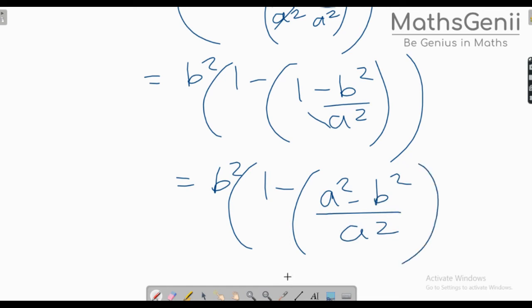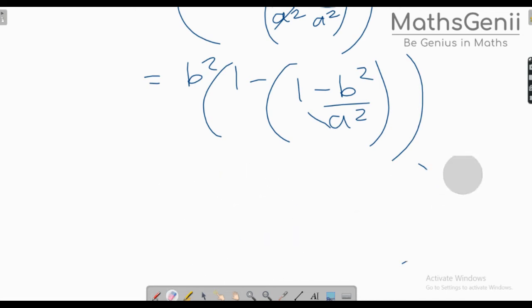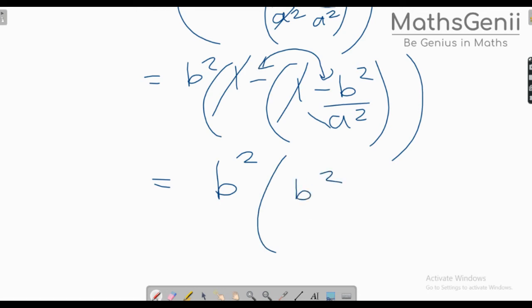Correct? Or instead of complicating it like this, you can do 1 minus 1 plus 1 minus 1 gets cancelled. So you have b square. This minus into minus will give you plus, so you will have b square upon a square.